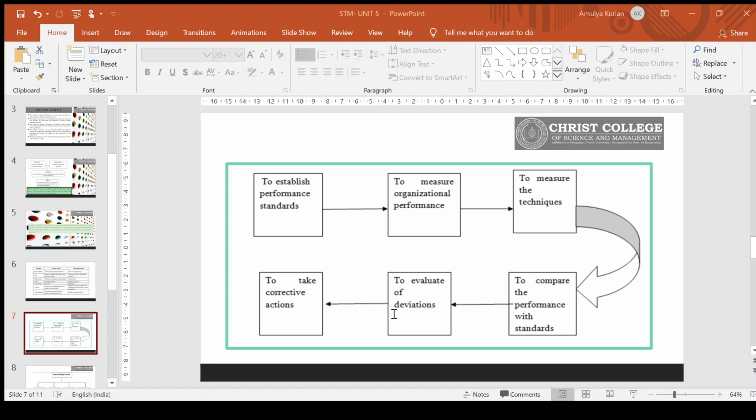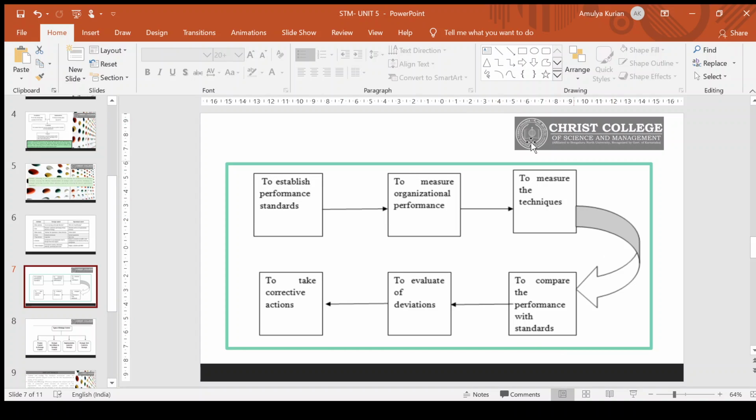So whether it is positive or negative, we will be evaluating the deviations, and based on the evaluation of deviation, we will be taking corrective actions. For example, as I told, sometimes certain deviations can be good for the organization. So we have to incorporate those deviations in your process. That is what we will be doing in corrective actions.